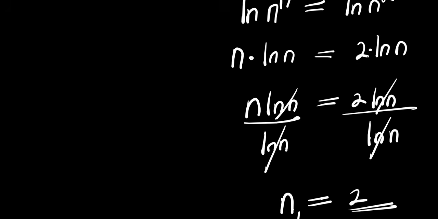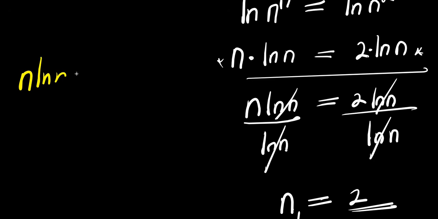I can also form an equation right from this point. So, n times natural log of n, that is n natural log of n, equals 2 times natural log of n, that is 2 natural log of n. So what I can do will be to move this over here.